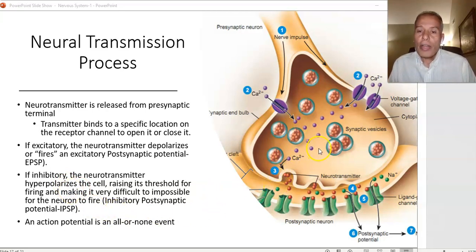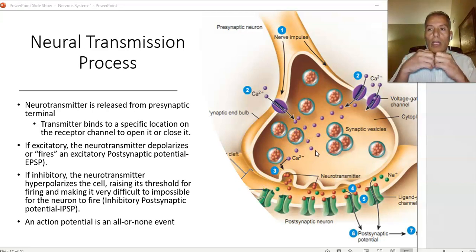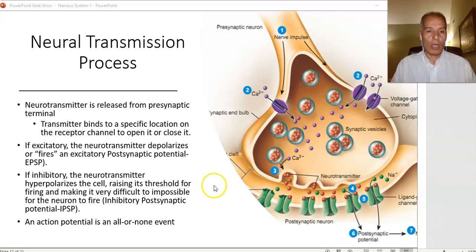The firing is called the action potential. So the action potential is the electrical spark, that electrical firing that is going to be produced, called the action potential of a neuron. And this is called an all or none event.